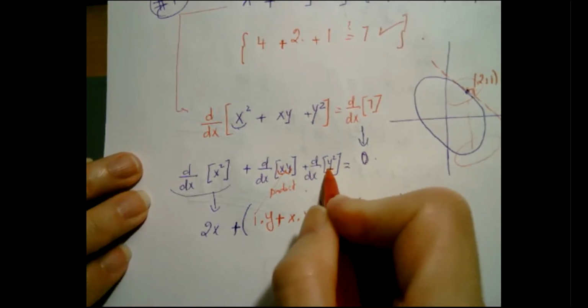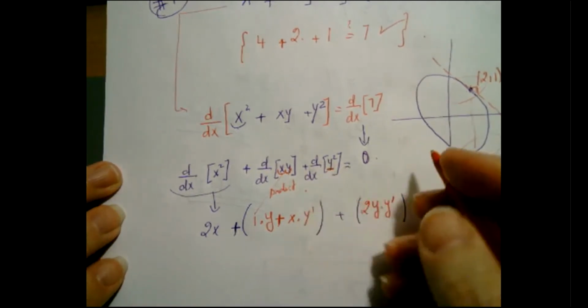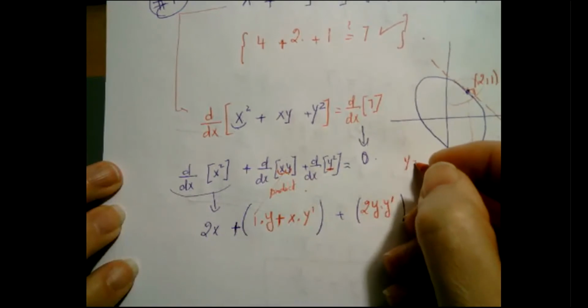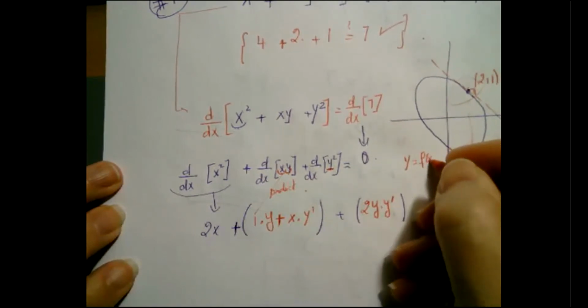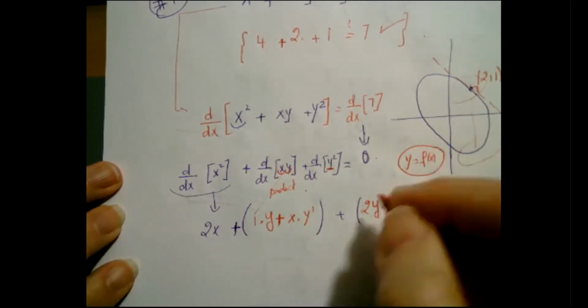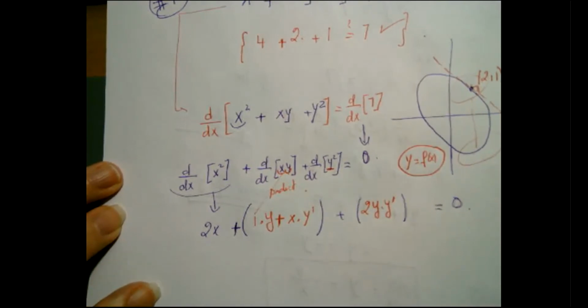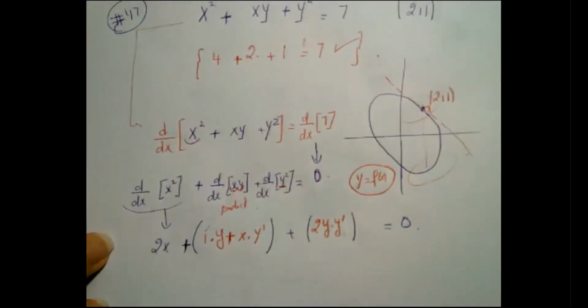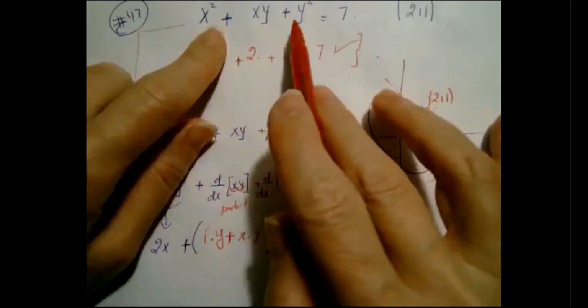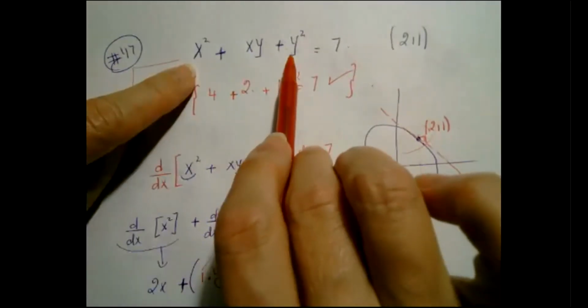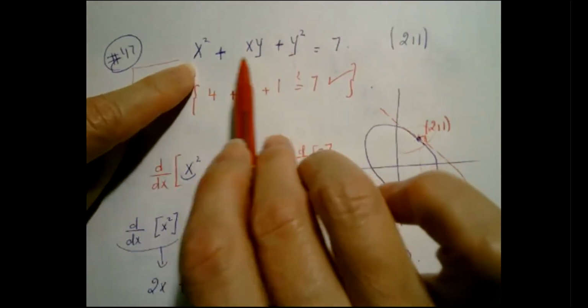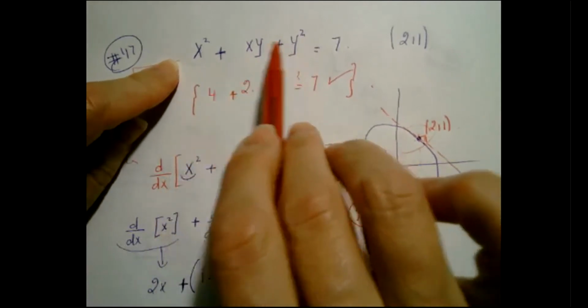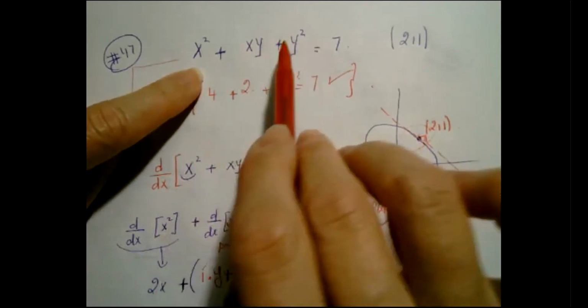What does this y represent? This y is not just a y. It depends on x. I don't know what it is. That's really my issue here. To know what y is as a function of x, I need to solve for y, which is not impossible, but not very easy.